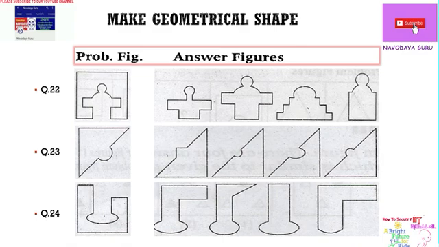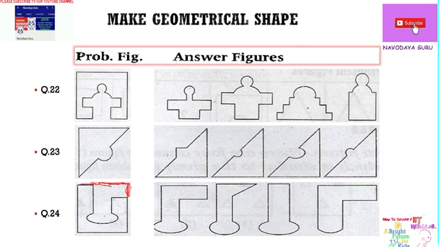Let's go to question number 24 and let's try to complete this square. So when we complete this square, we find this shape getting developed. So let's check. In option 1 this side is alright, below that this line is alright, this curve is alright, this line's length is also alright.